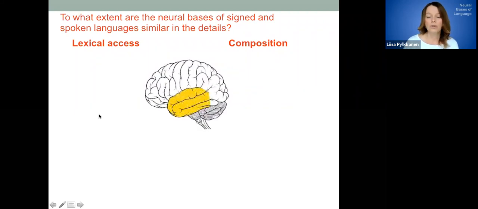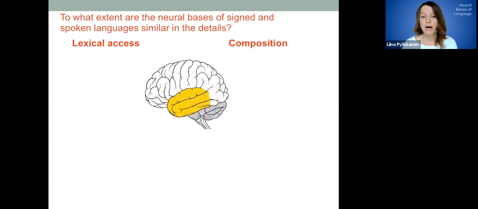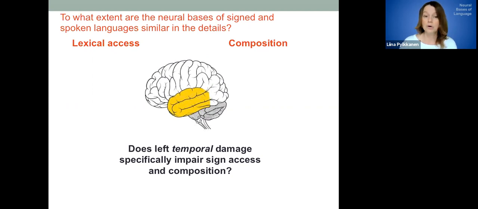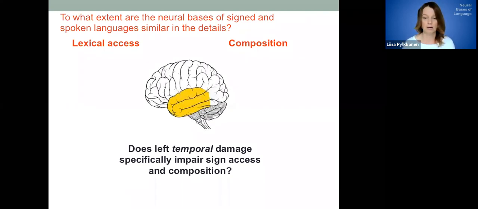Now we've learned that both of these processes seem to engage the left temporal lobe. So the left temporal lobe seems to be important both for lexical access and for composition. And so we can ask whether left temporal damage specifically impairs sign access and composition, similarly to spoken language.